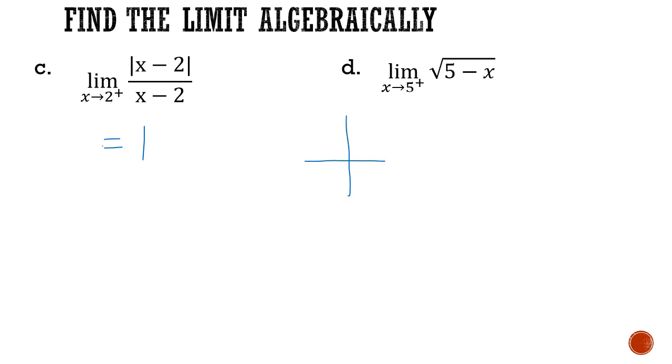Something like that, and that's 5. So know your parent functions, know the transformations. And I want to evaluate this as x approaches 5 from the right side. This graph does not exist on the right side. So that answer is does not exist.